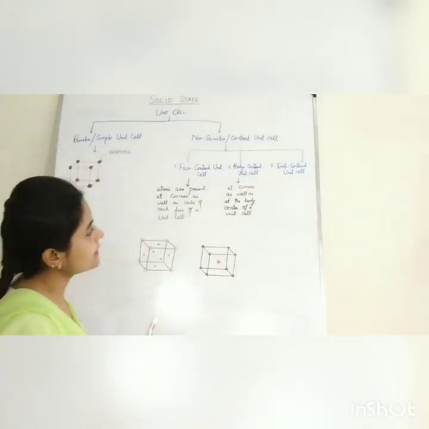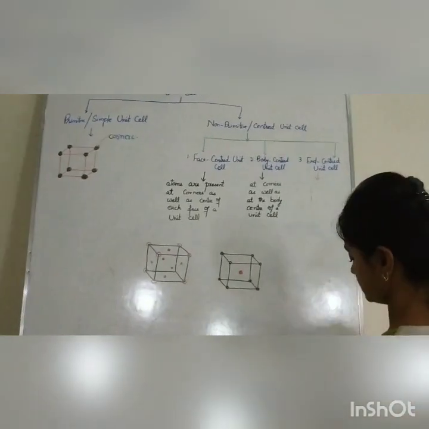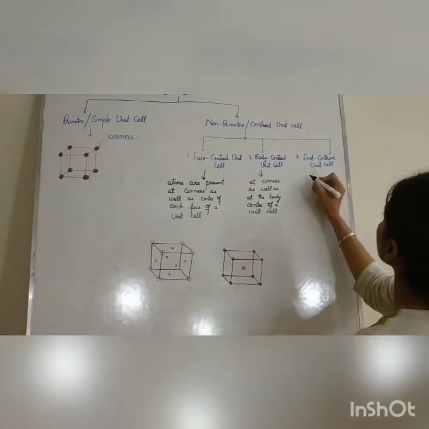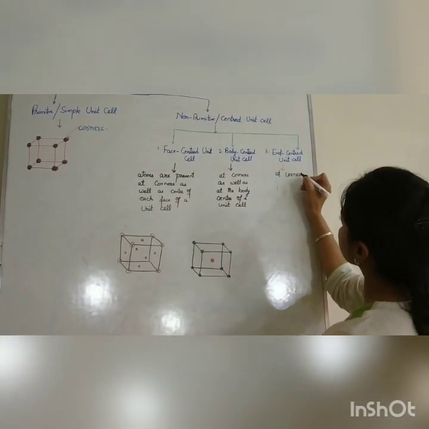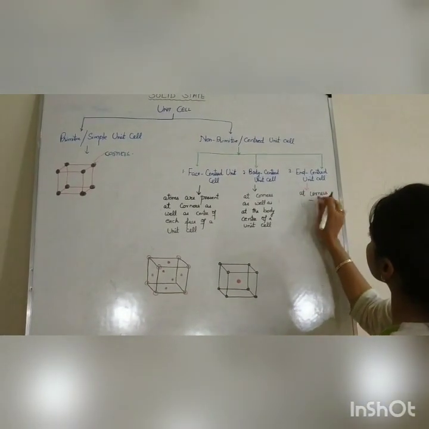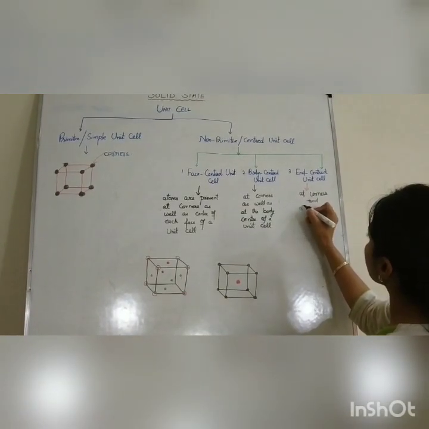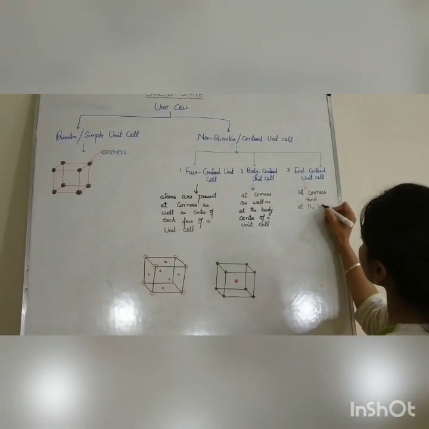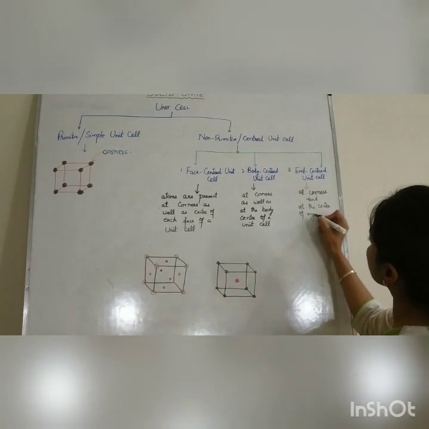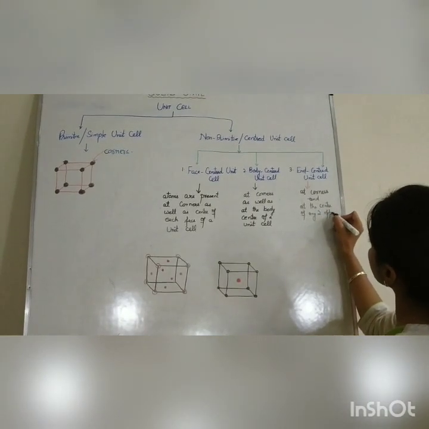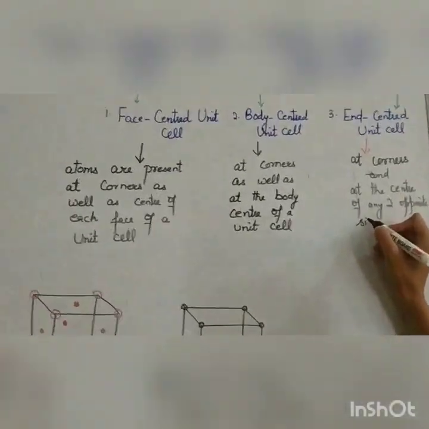Now next is end centered unit cell. Here atoms are present at corners as well as at the center of any two opposite sides or faces.